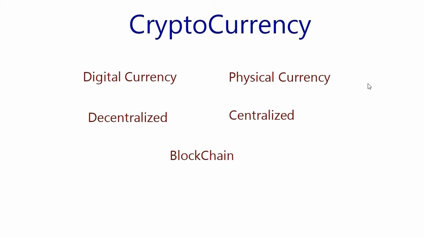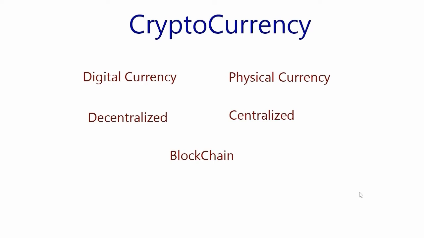Physical currency is physical, but digital currency is not physical at all. It is just a value of any entity which can be increased or decreased according to the demand and supply of that particular entity. It is stored in digital form. That's why it is known as digital currency.